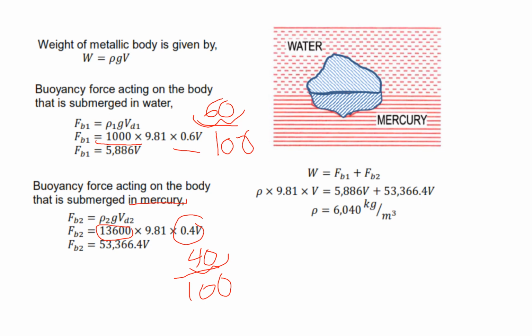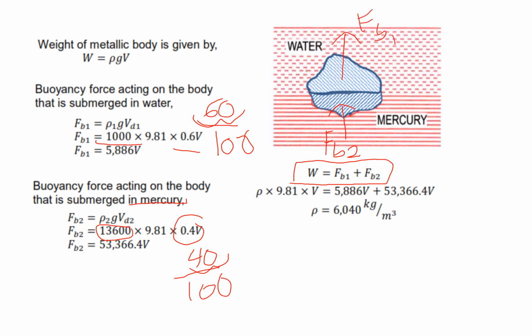Weight is the buoyant force for water and the buoyant force for mercury. We add them. Why do we add? Because they have different densities, so we cannot calculate together. We need to calculate the buoyant force separately. So this is buoyant force FB1, and this is FB2 below.